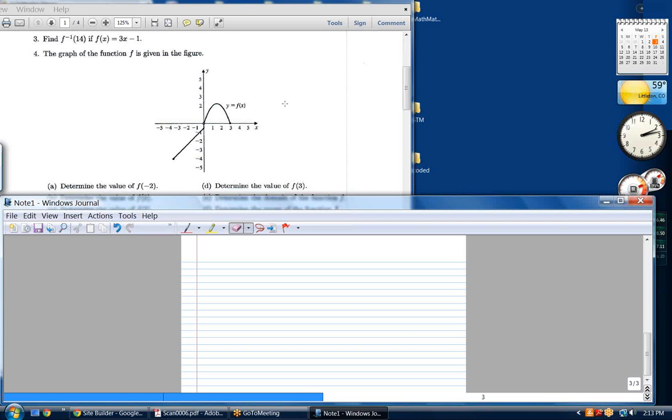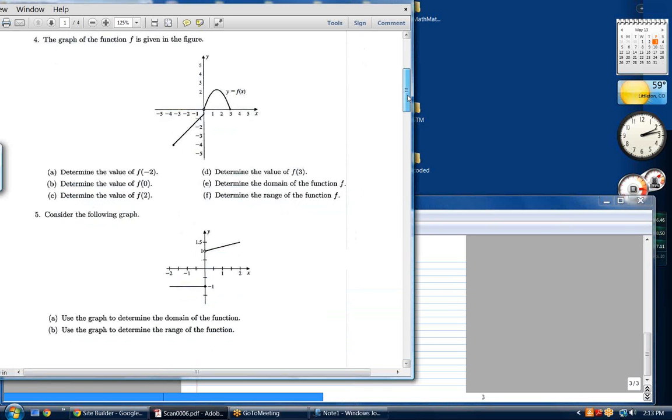I could look at the graph and find that. That's what they want you to do. In other words, they want you to look at the graph and find out what f of minus 2 is. So that'd be minus 2 for y then?